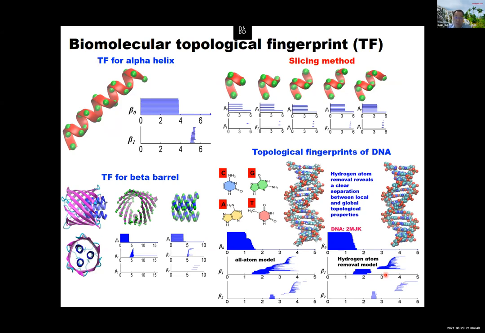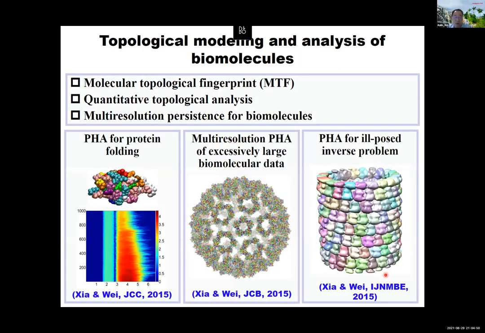In the beginning, we explored several different properties of proteins. We have tried some protein folding. Yesterday, Professor Wei already gave some introduction about that. We also did some multi-resolution persistent homology analysis. If you want to handle a virus, like the coronavirus or HIV virus, they have millions of atoms.